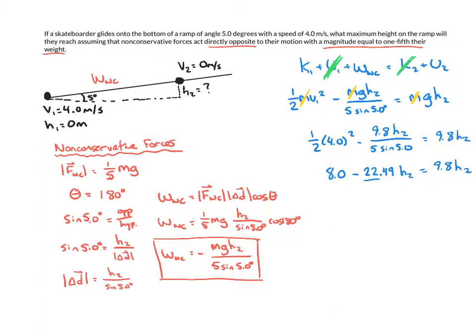So I will add 22.49 h2 to both sides so I can combine those h2 terms together. So 22.49 plus 9.8 gives me 32.29 h2. And now I can divide both sides by 32, giving me 0.25 meters.